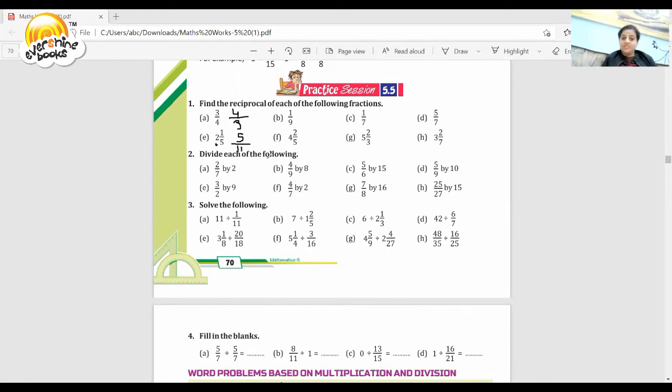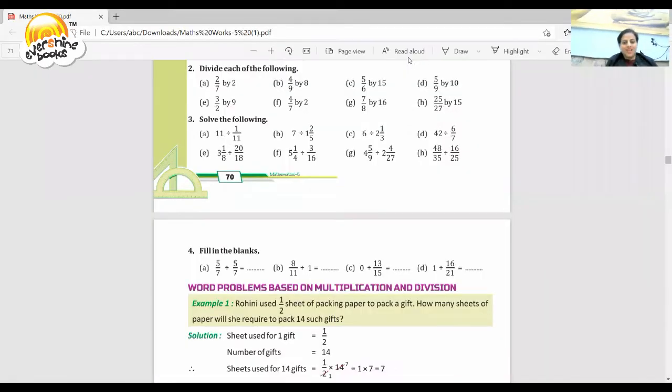Now divide each of the following. Divide means you have to take the reciprocal of the number and then you will multiply. This is called the division part. So divide each of the following means when we take the reciprocal of the other number, 2 upon 7 is written. 2 reciprocal is 1 upon 2.